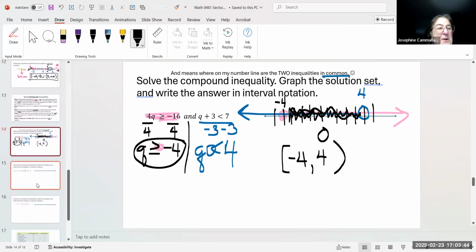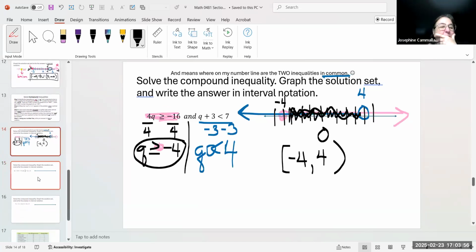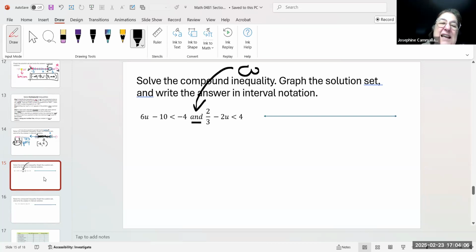Okay. Let's try this one. Okay, I have an and. Well, and, what's in common? Well, let's see what's here. I'm going to draw this.